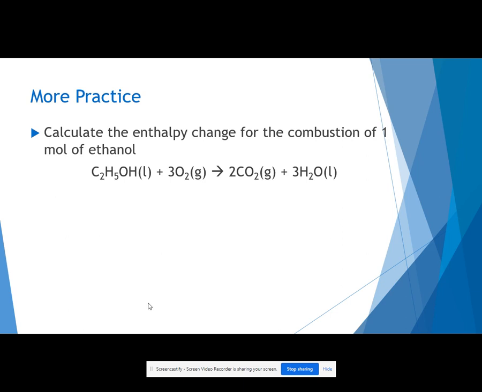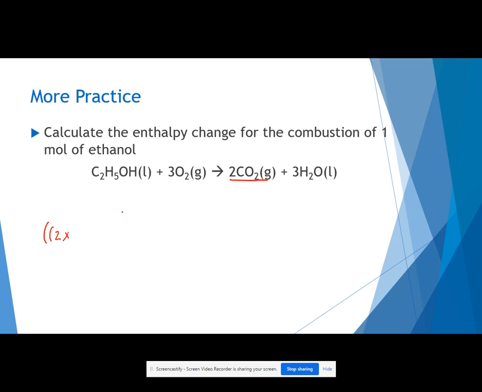Let's walk through the answer. So again, here we're going to do products minus reactants. So products first. Here we have our first product. We have 2 moles of it times our CO2 value.